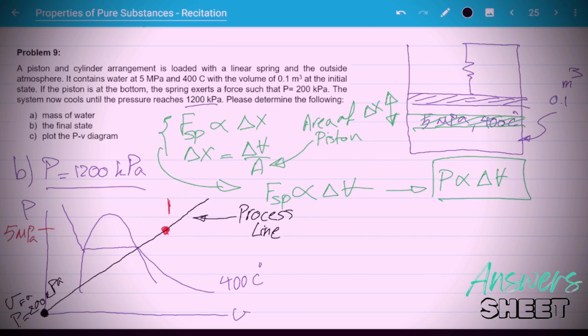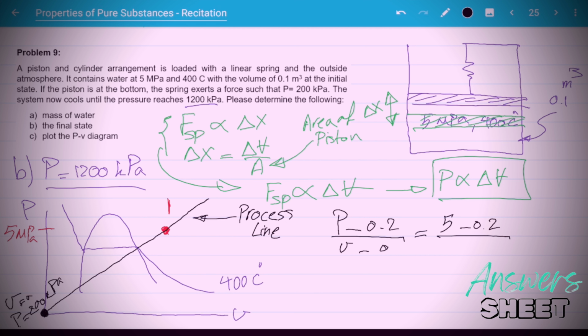So let's do that. I'm going to change the 200 kilopascals at the origin to 0.2 megapascals, just so that the units are consistent. So P minus 0.2 megapascals over specific volume minus 0, because at the origin, the piston is at the bottom, there is no volume, is equal to 5 megapascals minus 0.2, over 0.05789 minus 0.